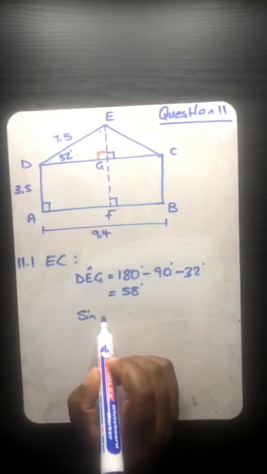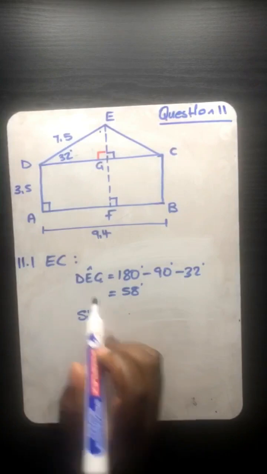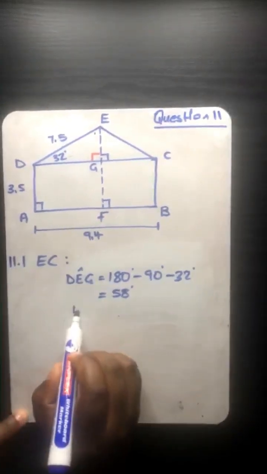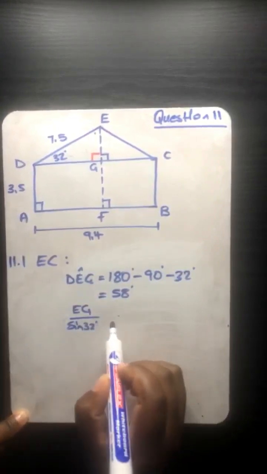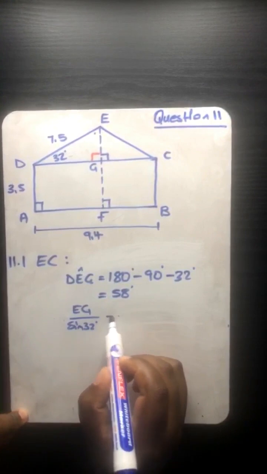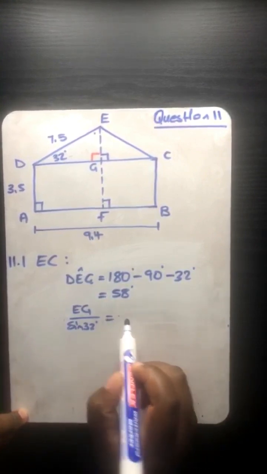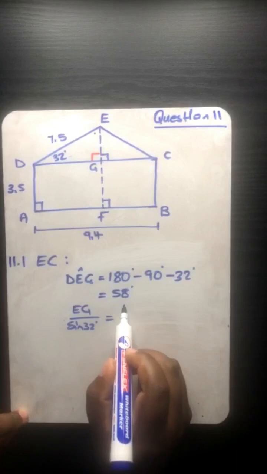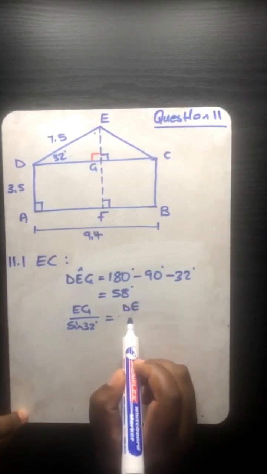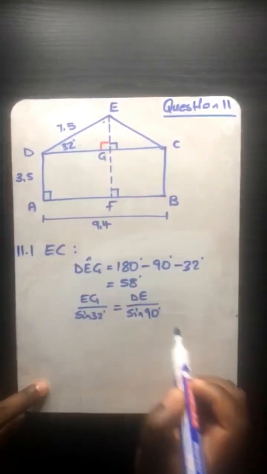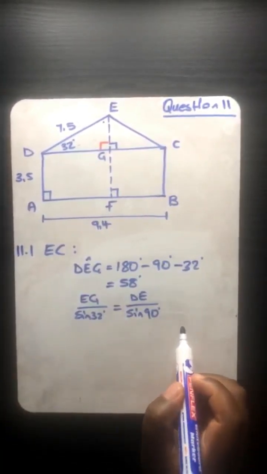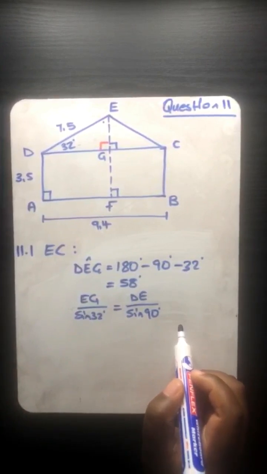So you're going to say the side EG over sine 32, sir, is equal to that side DE over sine 90. And then, sir, you're going to cross multiply, getting EG alone.